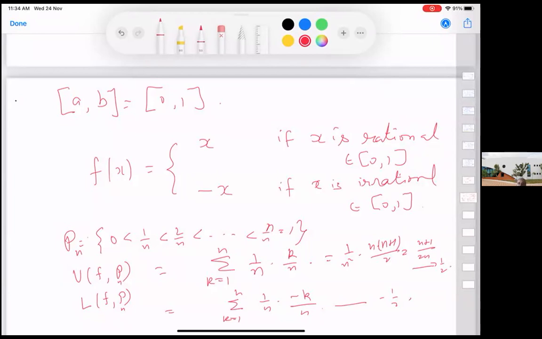In most books, you will see a simpler problem where you define f(x) equal to 1 if irrational and 0 if rational. So the lower bound is always 0, the upper bound is always 1. But just to give a twist, you could make it x and minus x. 1 and 0 is not so important.